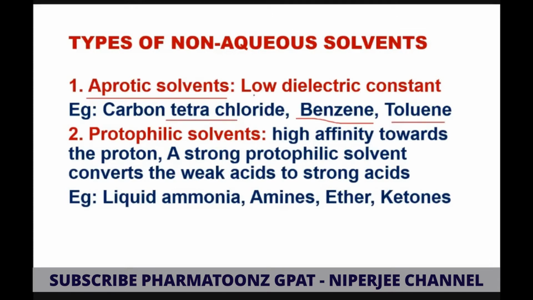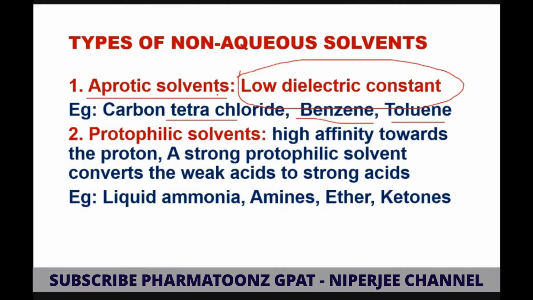Another way, it has a low dielectric constant. Now what is dielectric constant? Dielectric constant is a unit to measure the polarity of any solvent. In exams, many times questions are asked like which method is used to measure the polarity, the dipole moment of any solvent.